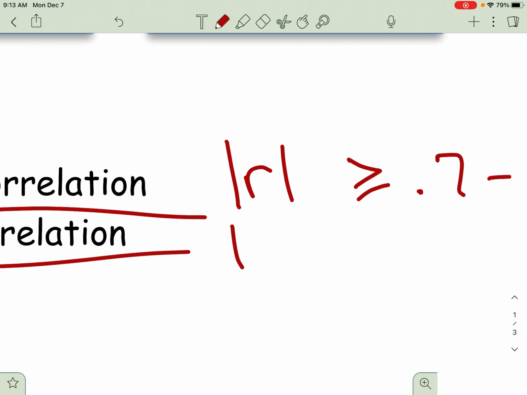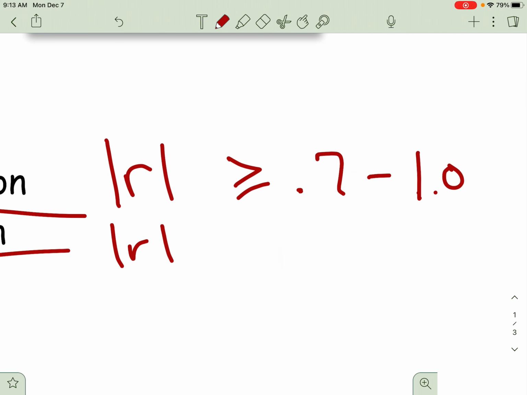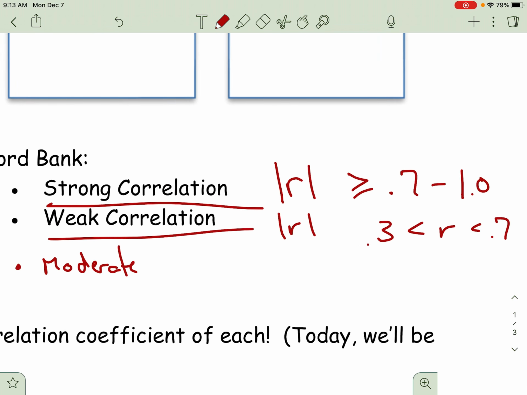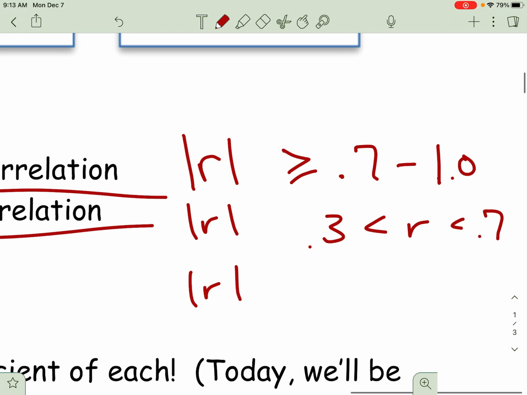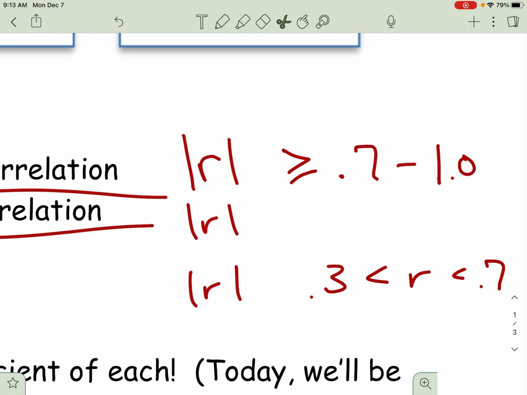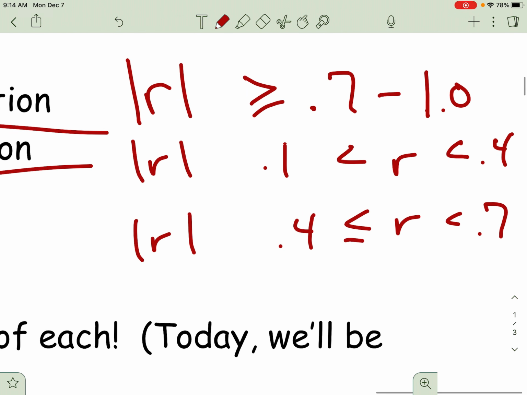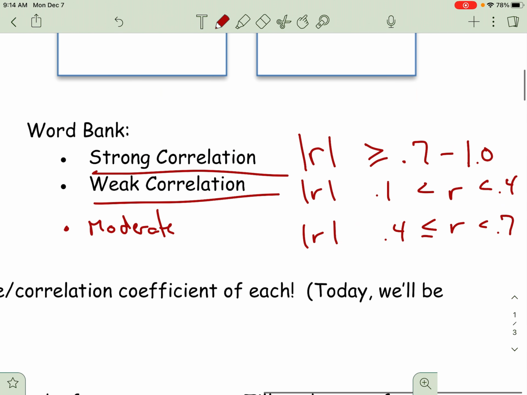A moderate correlation would be somewhere between 0.4 and 0.7. And then weak, it'd be like 0.1 to 0.4. So somewhere between those numbers.